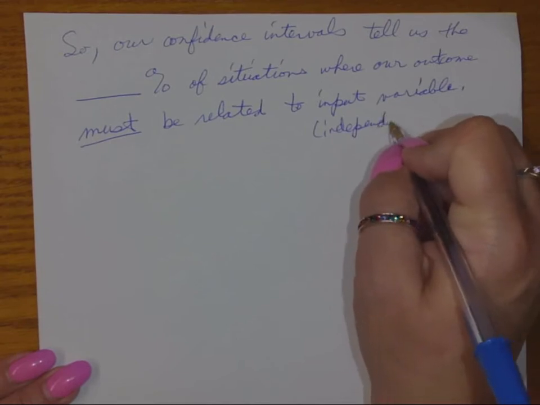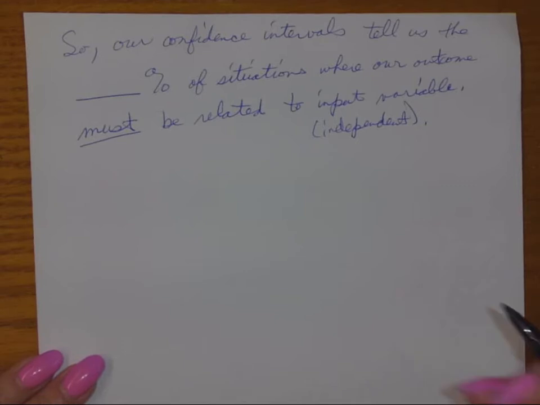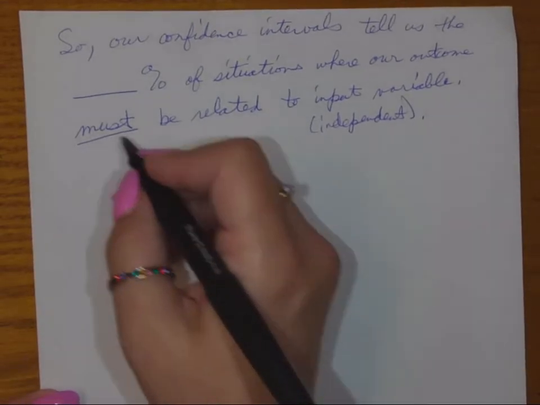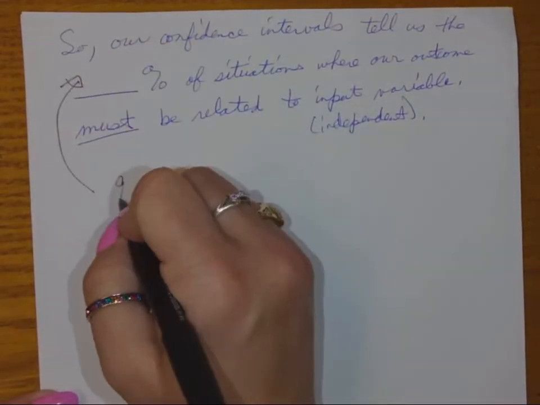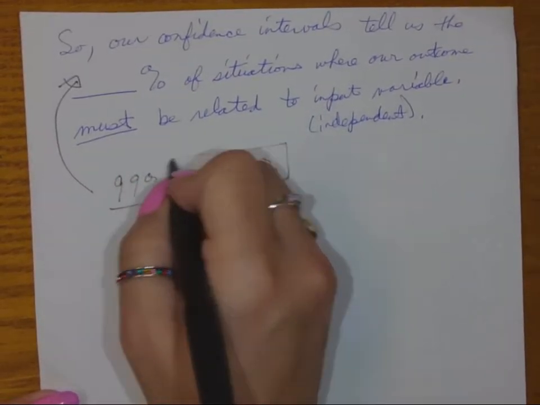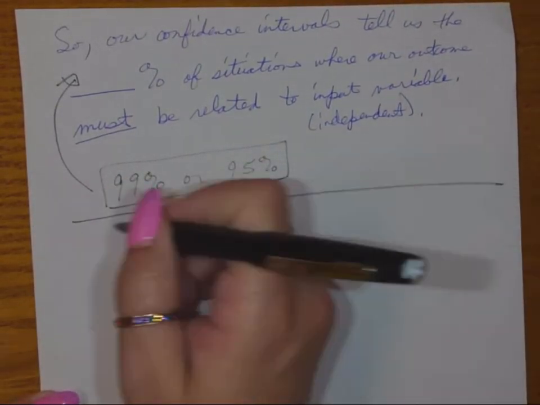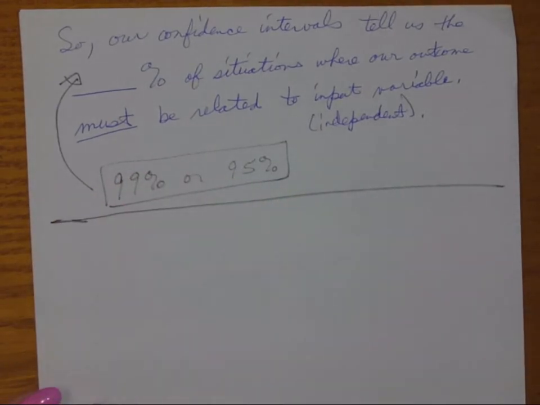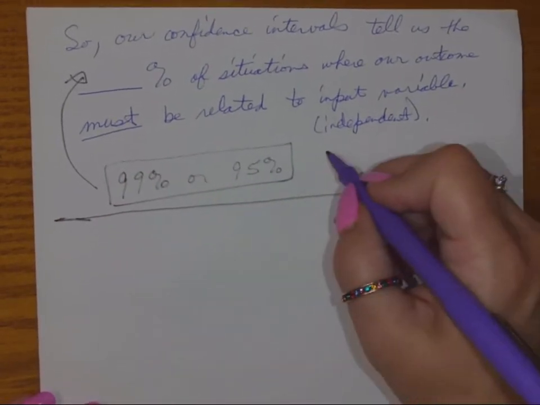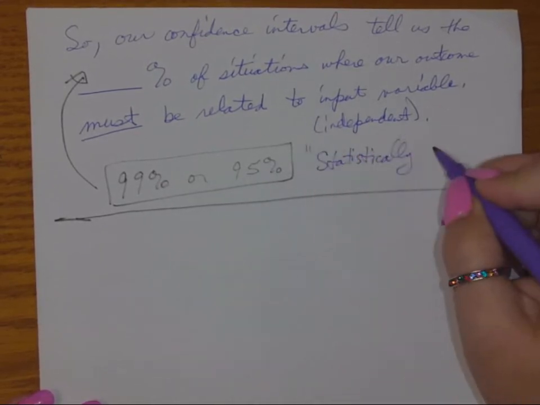So it happened 95% of the time or 99% of the time only because of whatever treatment we gave them. And these percentages are either at the 99% level or the 95% level. Either way, if you're 99% confident of something or 95% confident of something, those are both pretty big confidence levels, right? So if you're at that level, then we're able to say it's statistically significant.